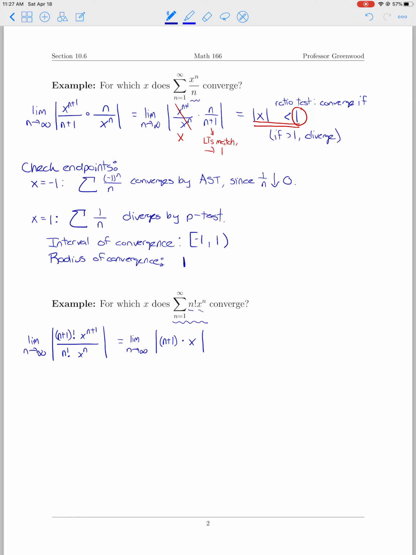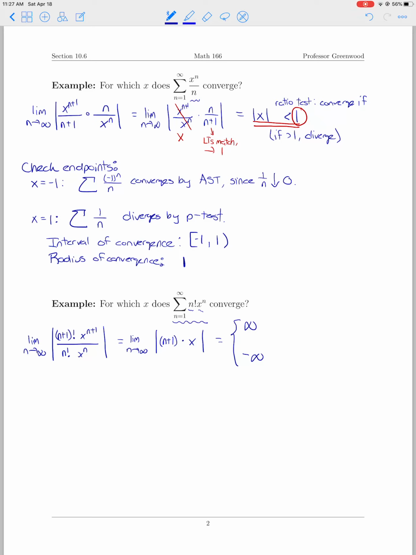Okay, and so now we need to take the limit as n goes to infinity, where x is just some constant. And so this is a little bit weird because you might be tempted to say, well, as n goes to infinity, this entire thing goes to infinity. Turns out that that's not quite true because it does depend on the value of x a little bit. And there's really 3 different cases where this limit is going to be infinity or minus infinity.